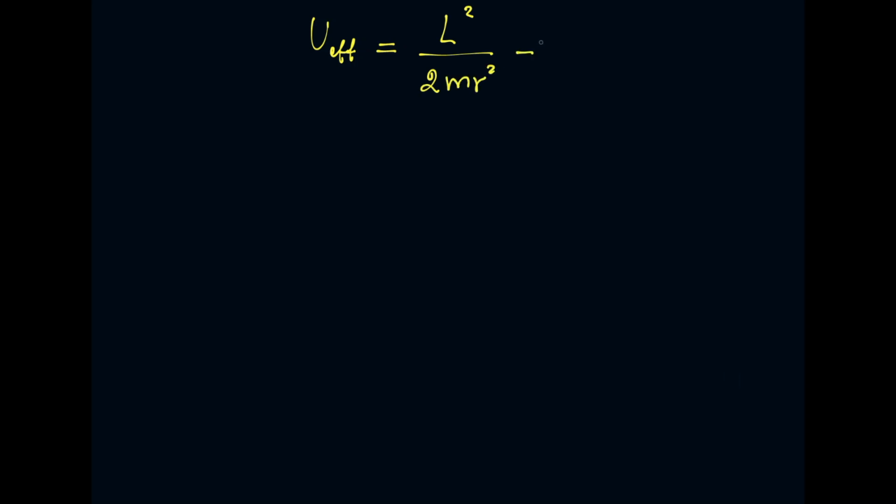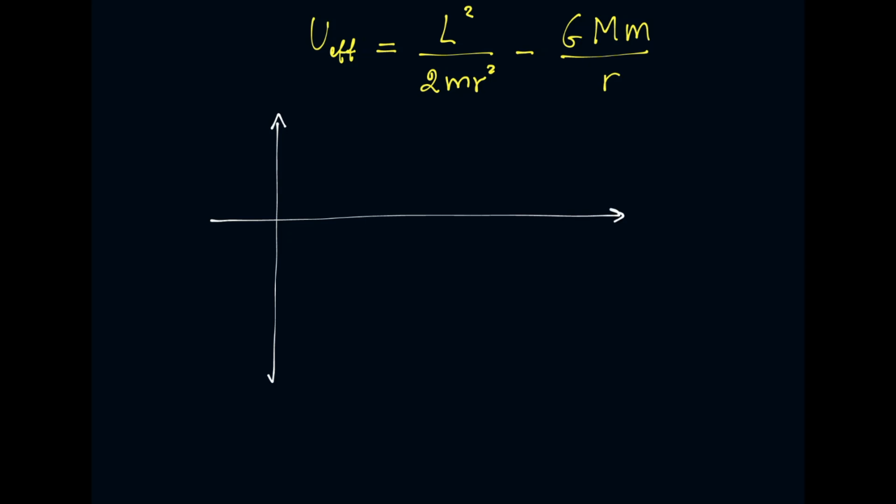So there was this repulsive term, L squared divided by 2mr squared. And then in the case of gravity, there was the usual expression for the gravitational potential energy. And we plotted the graph of this function, and we found that this graph is something like this.